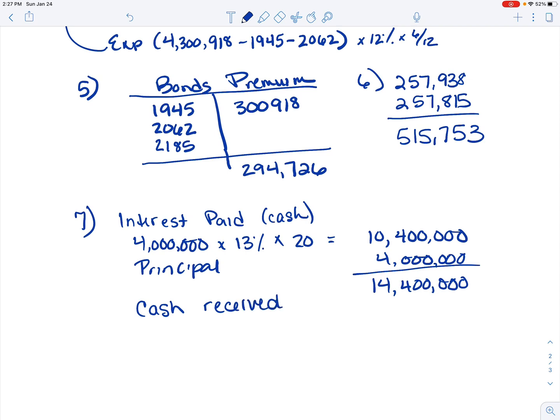This goes back to that original journal entry, that 4.3 million. And the difference in this amount, which is 10,099,082, this is the total cost of borrowing that $4 million. Costs us a lot of money to get that $4 million now.